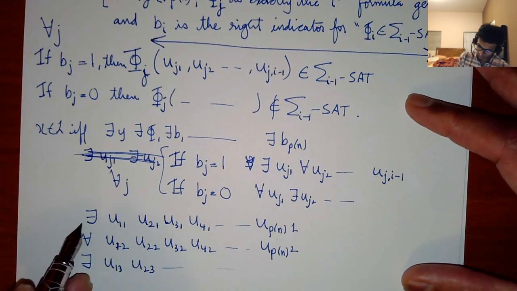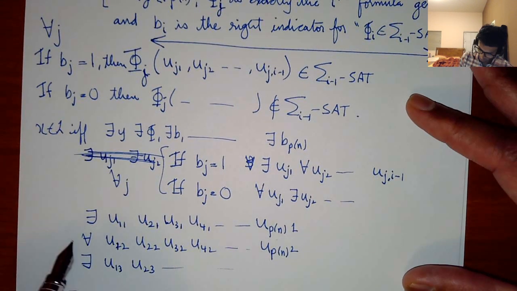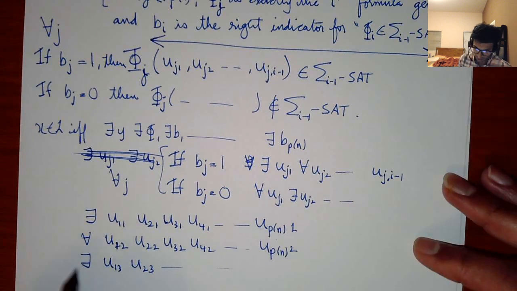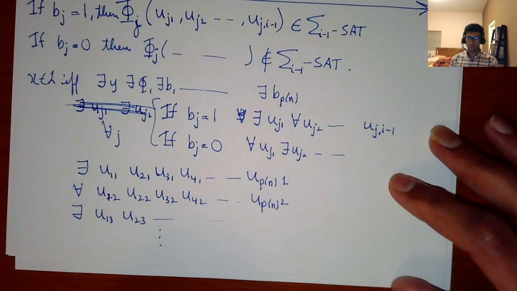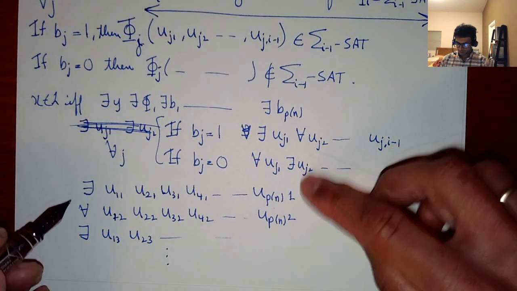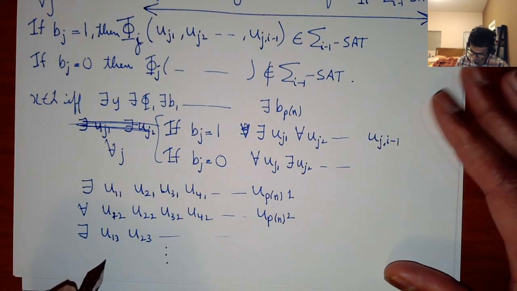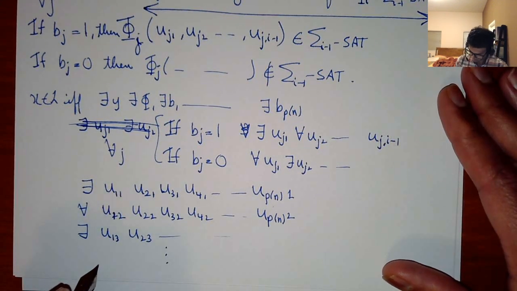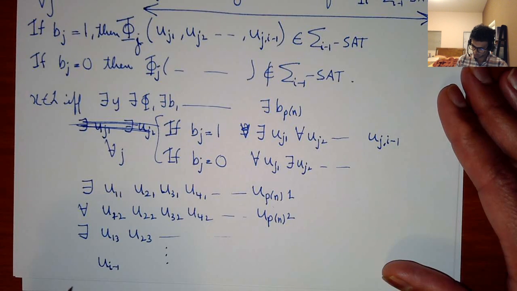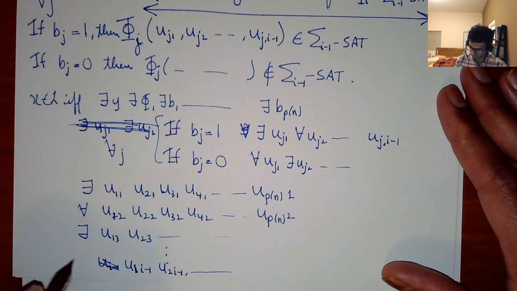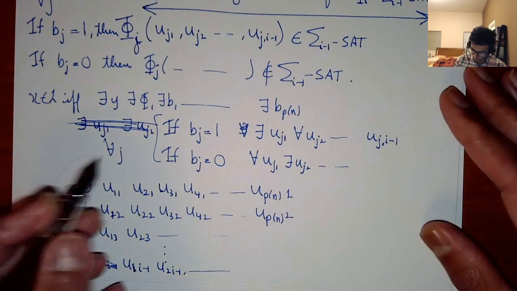So there exists, for all of those, for all of these there exists, and so on. This gives me my i quantification switches, and this is going to go up to u1 i minus 1, u2 i minus 1, and so on. So that's all the quantification I do.